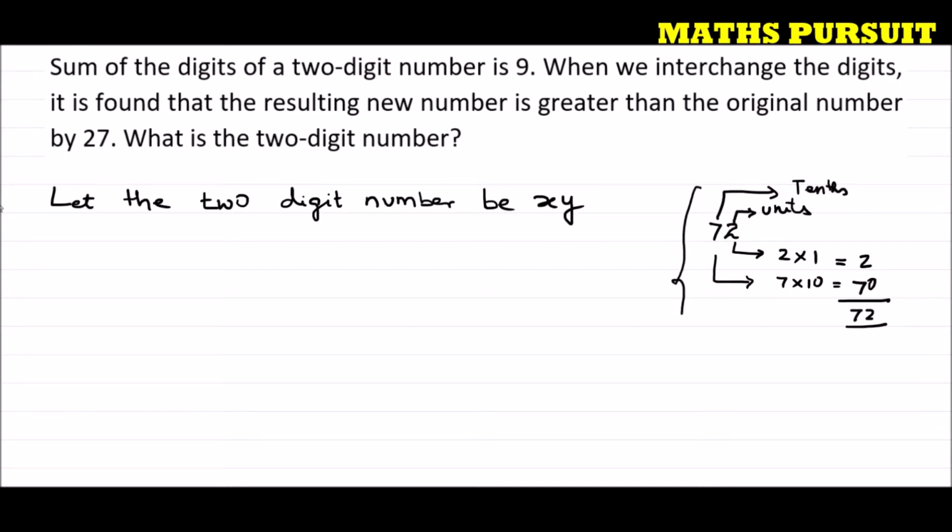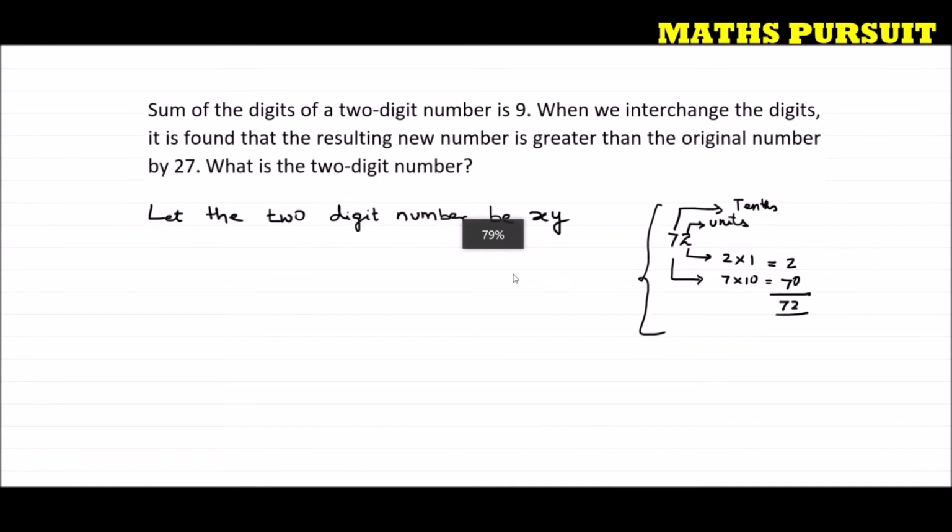Similarly, we need to understand the number that we are now assuming. So we have assumed the two-digit number to be xy.